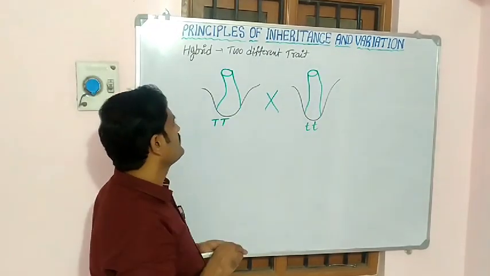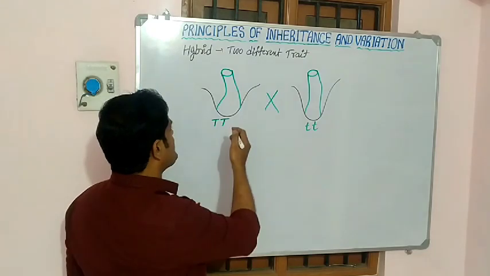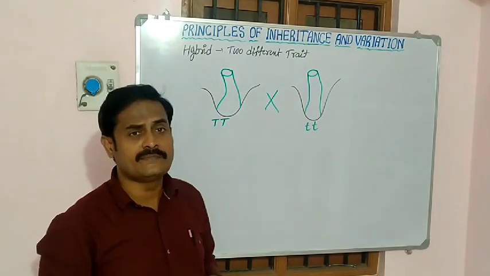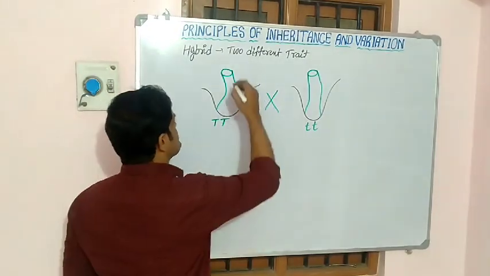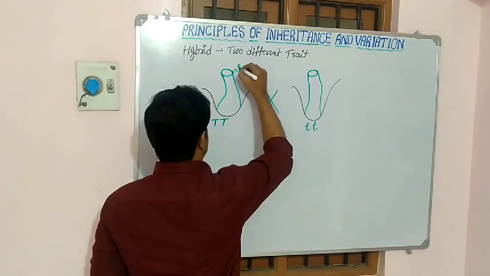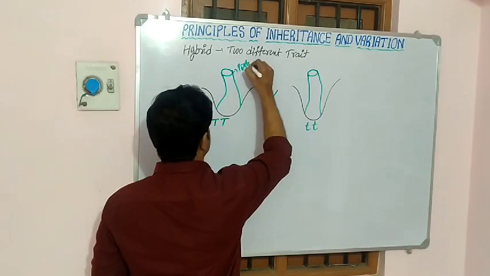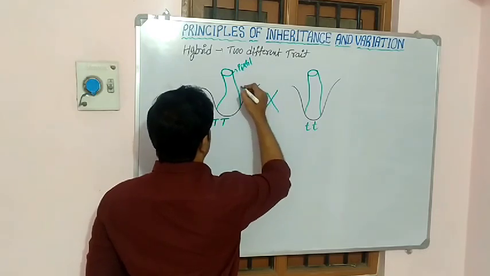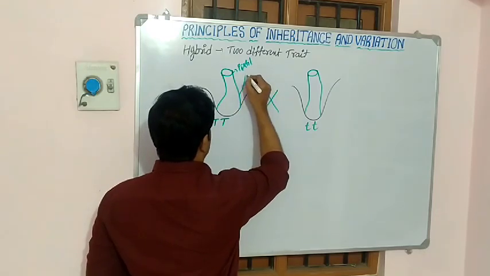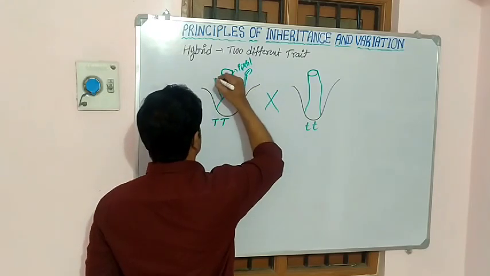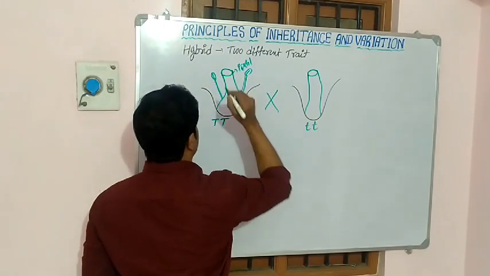You already know very well that a flower consists of male and female organs. See, this is called the pistil, and these are called stamens.